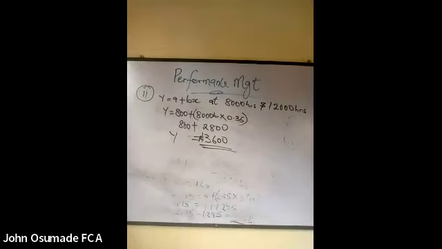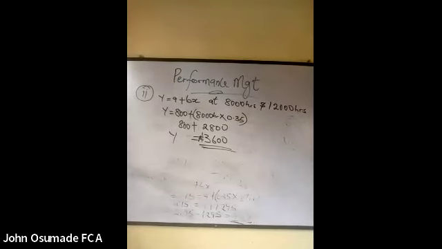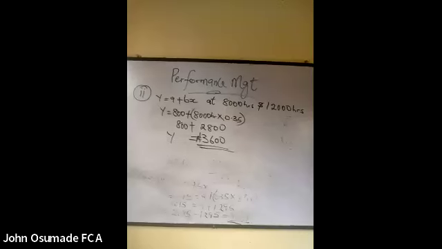Now, I want you to use level of activity of 12,000 and calculate. Now you can easily estimate the cost of your level of activities for decision making.